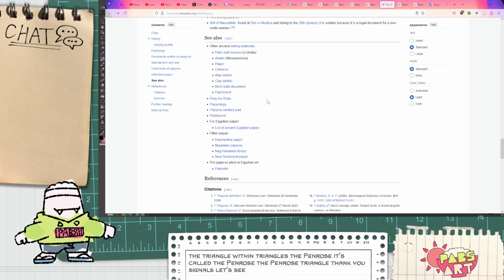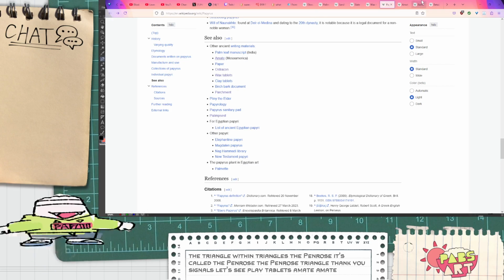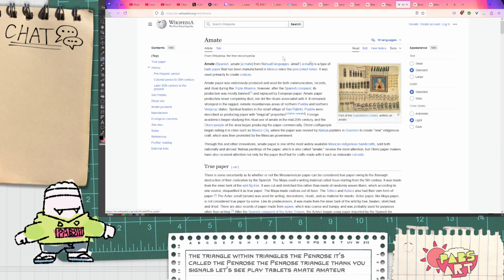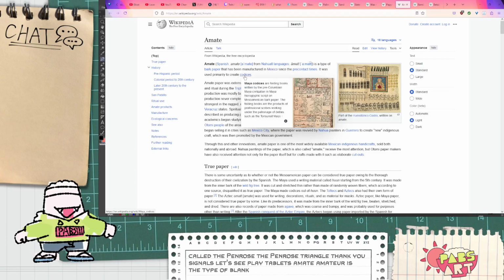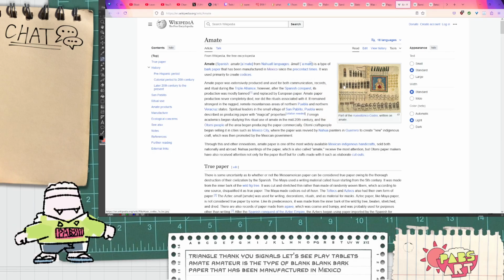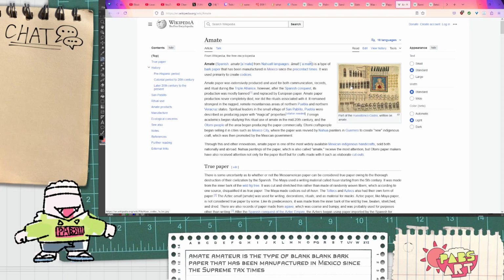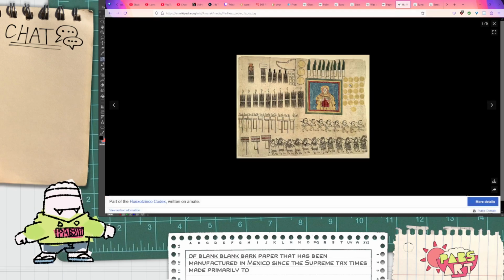Let's see. Clay tablets. Amate. What's amate? It is a type of bark paper that has been manufactured in Mexico since pre-contact times. It was made primarily to create codices. Ah, mira tú.